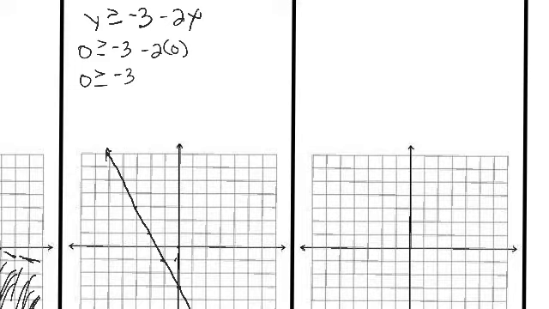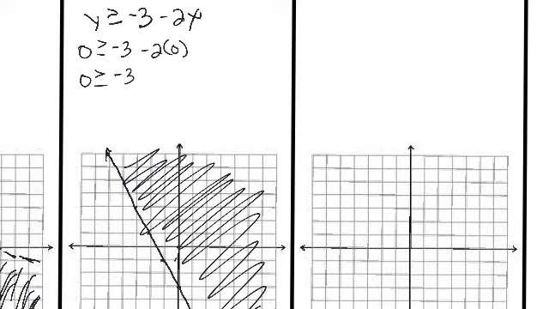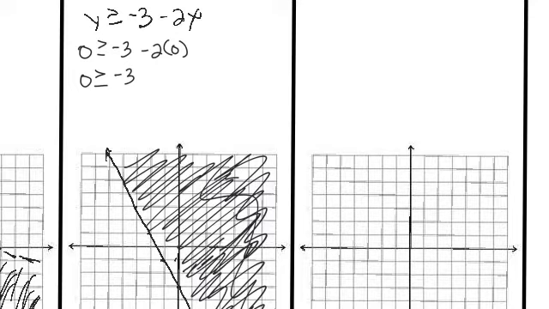Is 0 greater than or equal to negative 3? Yes, it is. So we're going to shade towards the 0, 0. Oops, I got a little overzealous with my shading here. Get rid of that one. Okay, so anything to the right of this line is a possible solution for this inequality.